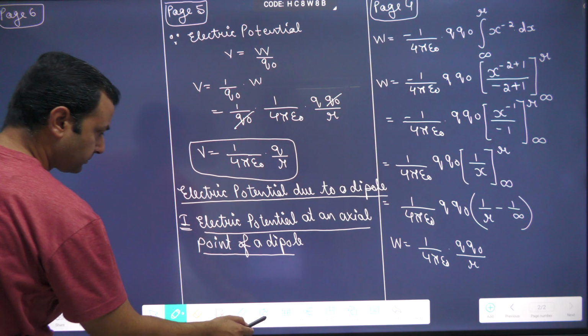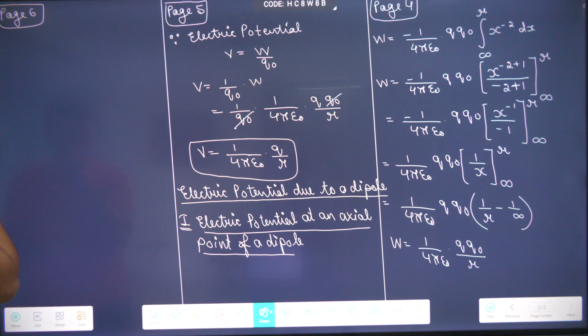So, let us draw an electric dipole like this.